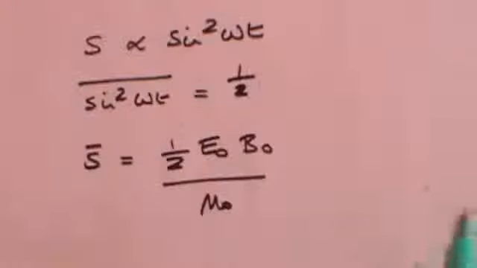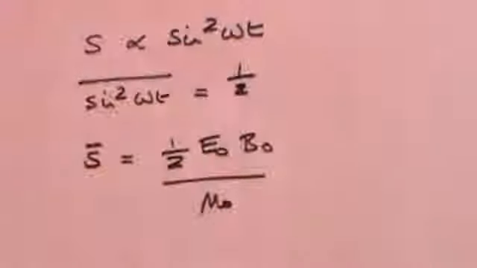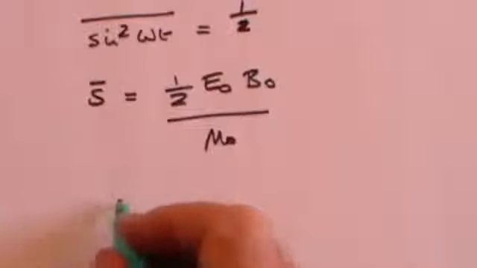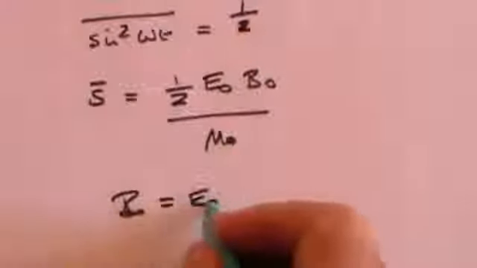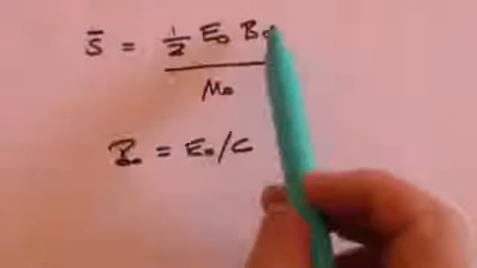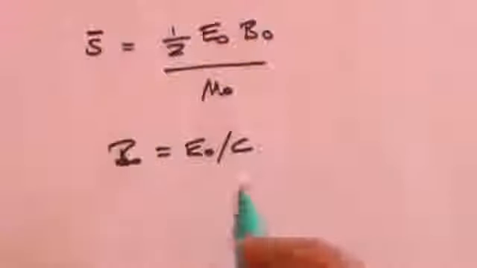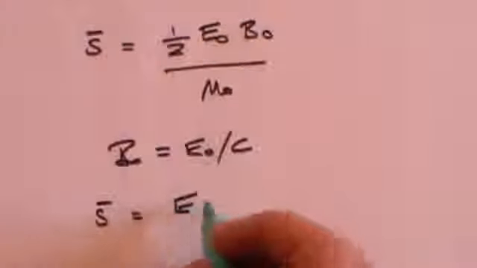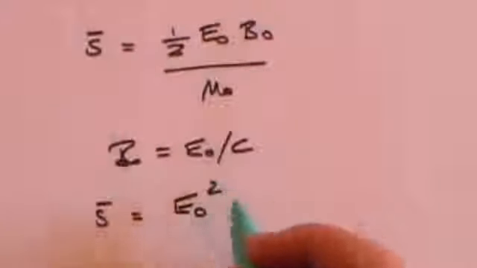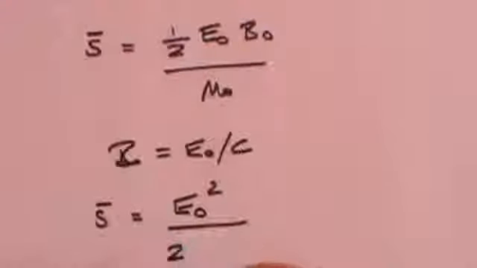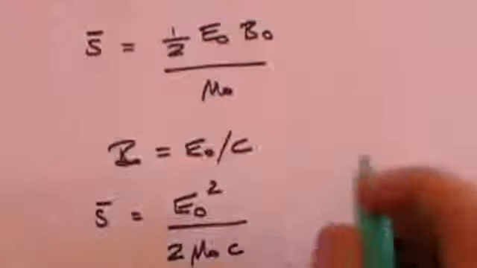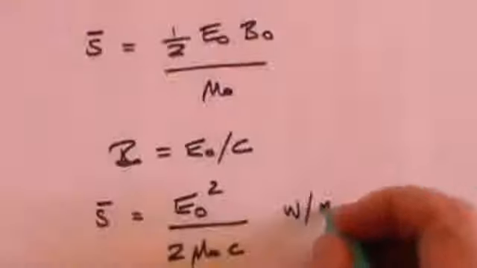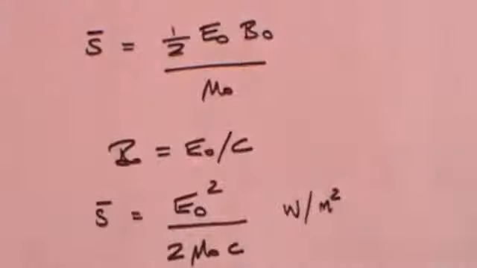And since B naught equals E naught over c, we've used that before, we can substitute for B naught there, and we get that the average value of the Poynting vector is now just E naught squared divided by 2 mu naught c. And that's in watts per metre squared, of course.